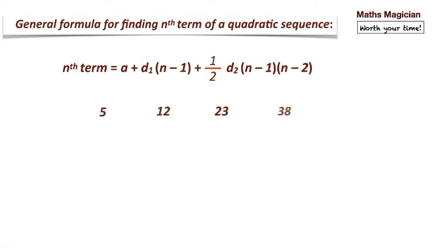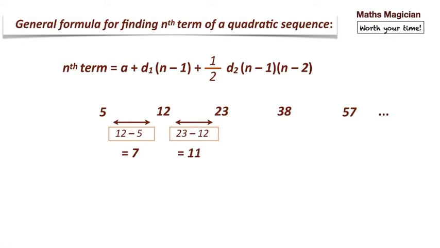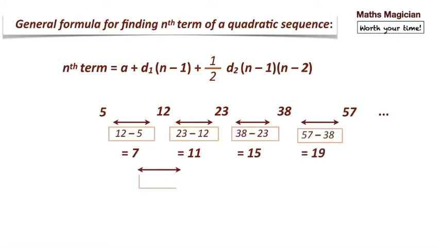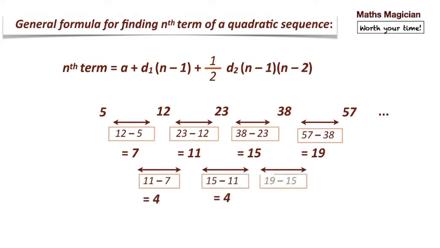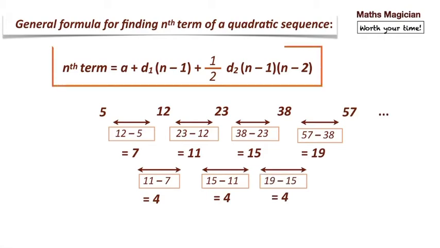Consider a quadratic sequence. Now we calculate the differences between the consecutive terms and see that they are not the same. But the differences between these first differences are the same, equal to 4. Now look at the formula again.